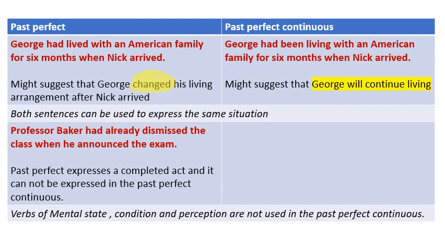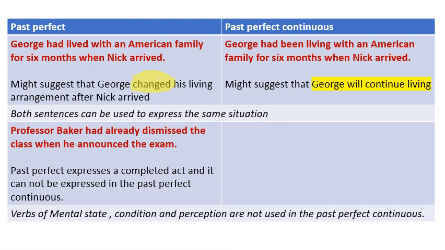However, in the other part of the table, George had been living with an American family for 6 months when Nick arrived. This might suggest that George will continue living, this continuous event, living with an American family, and it was interrupted by the arrival of Nick.